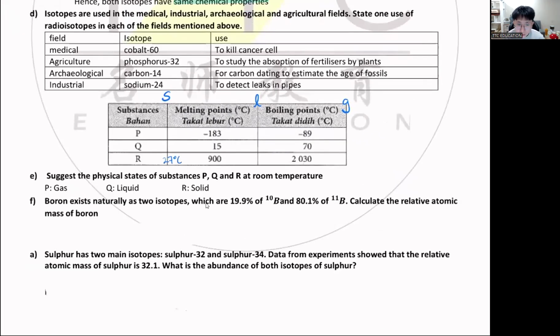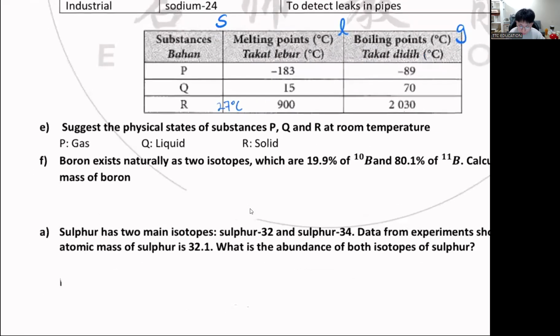Then we have: boron exists naturally as two isotopes, 19.9% of boron-10 and 80.1% of boron-11. Calculate the relative atomic mass. When they give you different percentages of the same element, you are going to calculate the average of it. It's very simple.